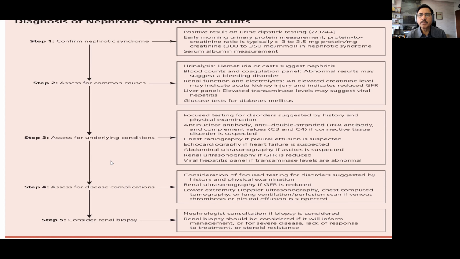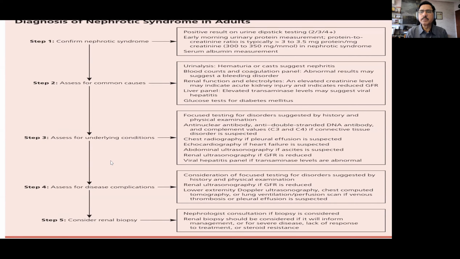And serum albumin less than 2.5. And we'll look for the etiology. In urine analysis, we'll see whether there is hematuria or casts, so that we can rule out nephritis. Blood counts and coagulation panel, to rule out any bleeding disorder. And renal function and electrolytes.